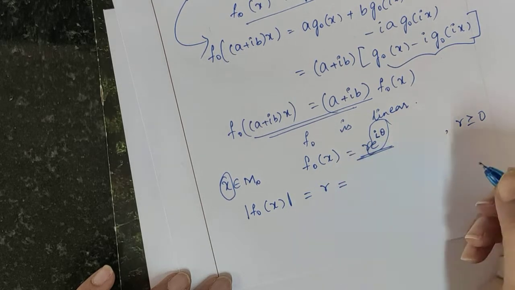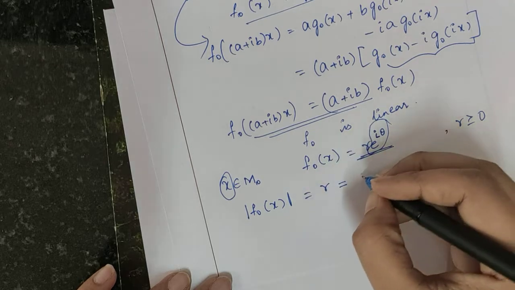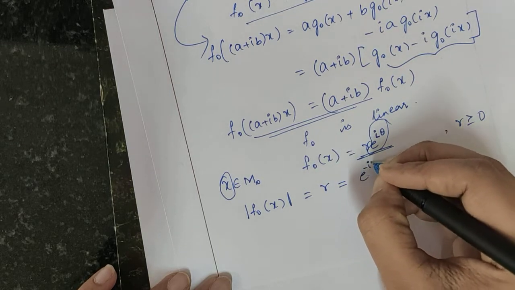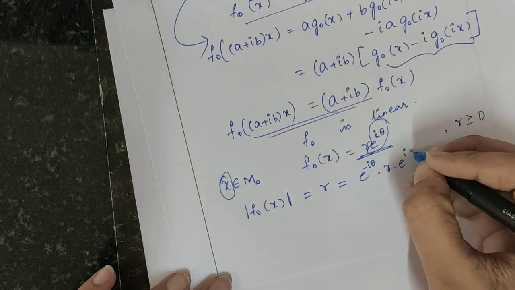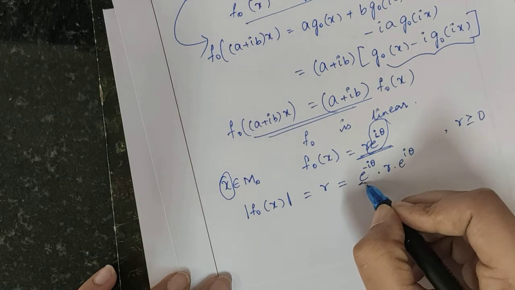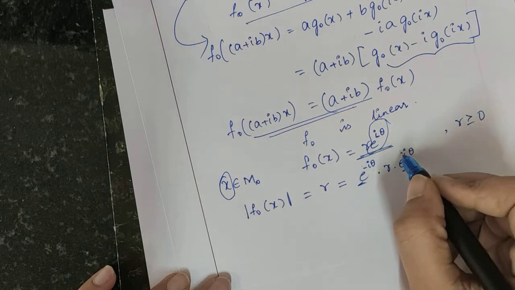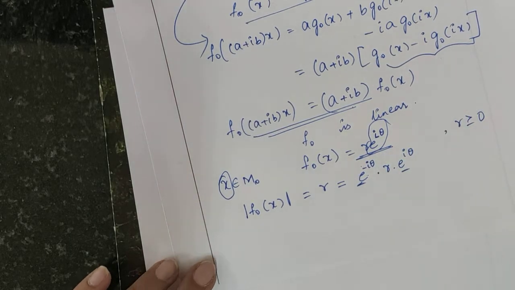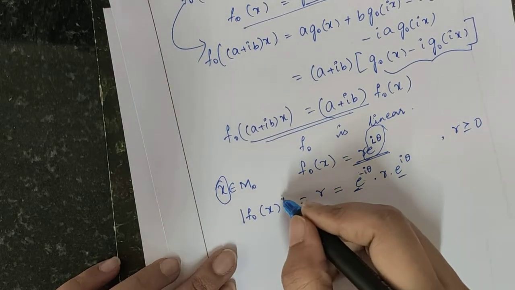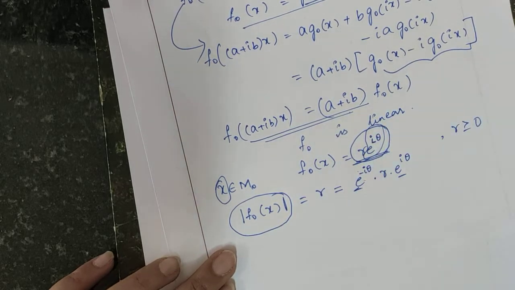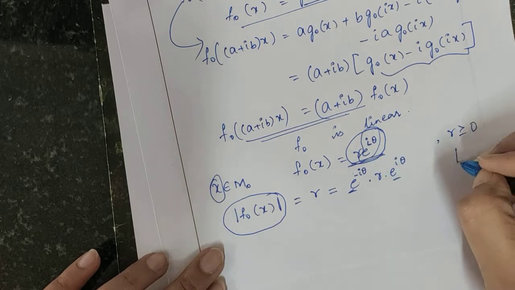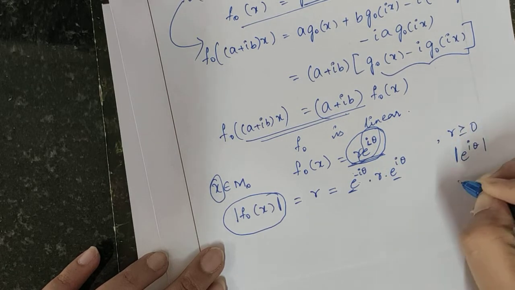So this is equal to, I can write this as e power minus i theta into r into e power i theta, because since bases are same, if I add the powers it will be e power 0. E power 0 is 1. So mod f0 of x means you have to take the modulus of this, right? So what is mod e power i theta?